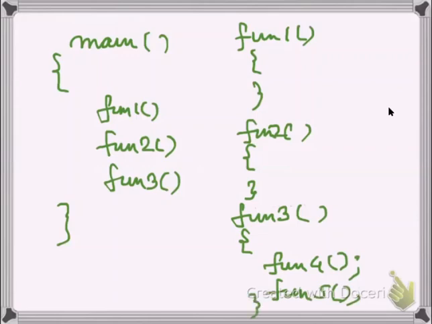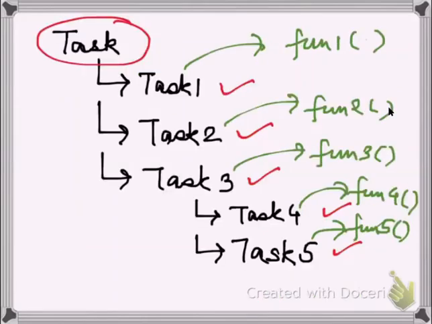So now we have divided this task into different tasks. Each of these represents something that is to be done. That is the action. Now on what data are all these tasks going to operate? That is not our focus anymore. Our focus is only on the task, on the action that is to be performed.